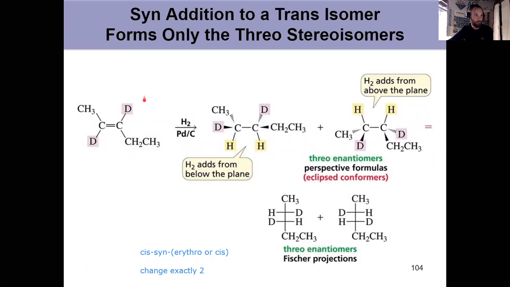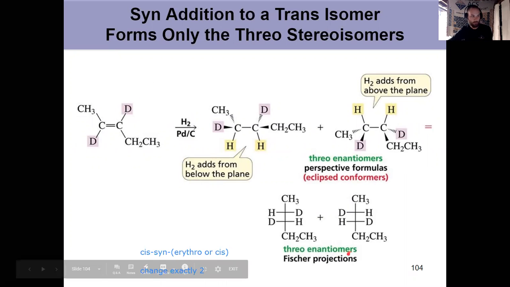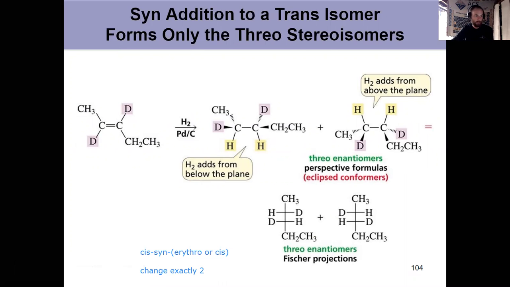Syn addition to a trans isomer forms only the threo. I changed exactly two of those words. What I'll ask you to do in this class is use that rule, cis, syn, erythro, or cis, changing exactly two, to tell me what's an allowed transition and predict the stereochem of products.